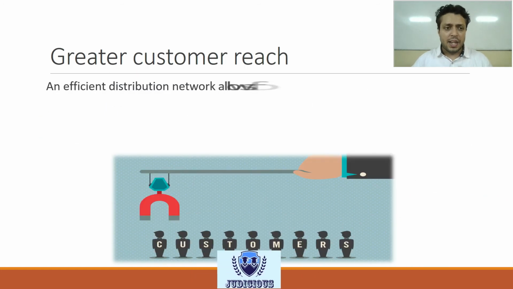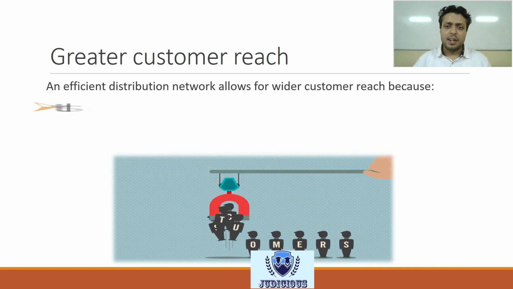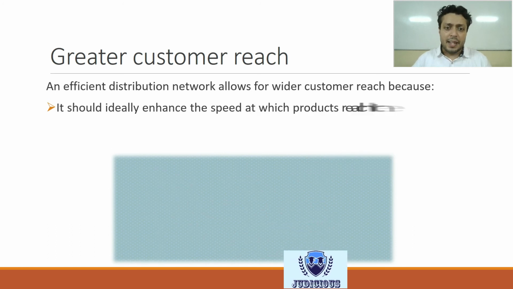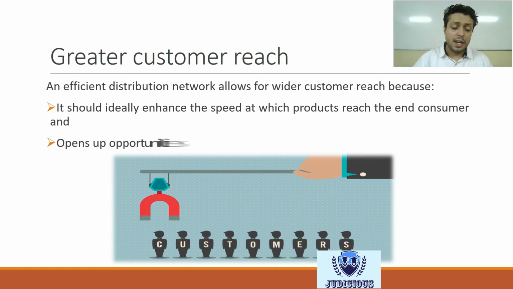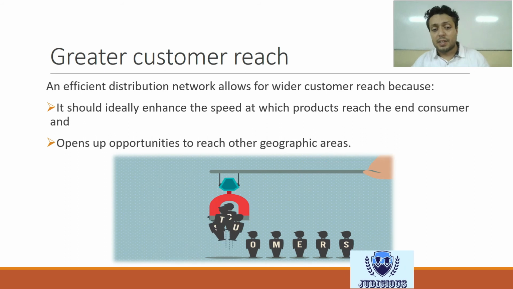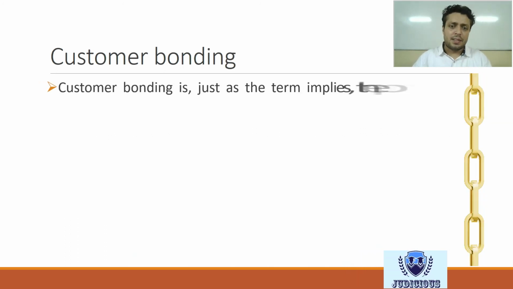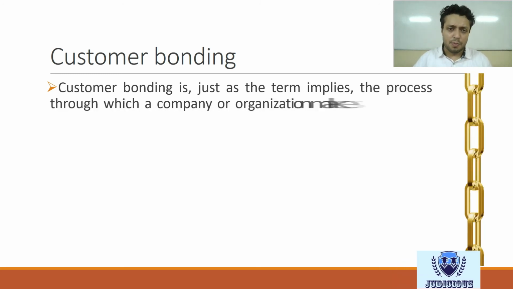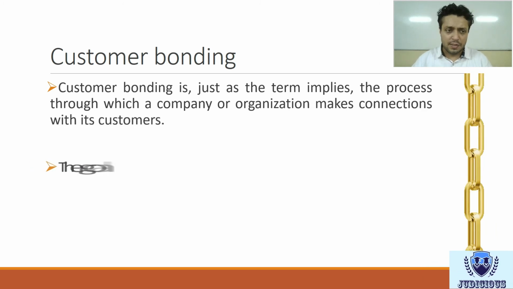Greater customer reach. An efficient distribution network allows for a wider, broader customer reach because it enhances the speed at which the products reach the end consumer and opens up opportunities to reach other geographical areas as well. Customer bonding. Customer bonding, as the name suggests, is the process through which any company, big or small, or any organization, makes connections with its customers.